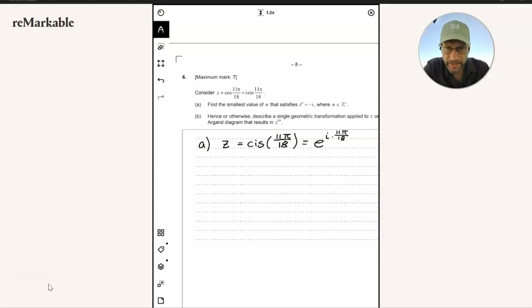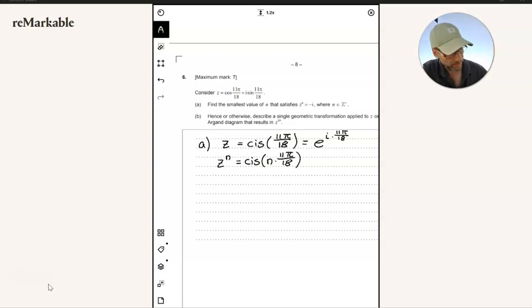And we have to find the smallest value of n such that z to the power of n equals minus i. So the nice thing about having z in this polar form, as we call it, where we know the polar angle and the modulus, which is 1, is that raising to powers is very, very easy. So z to any power is really just cis of n times 11 pi over 18.